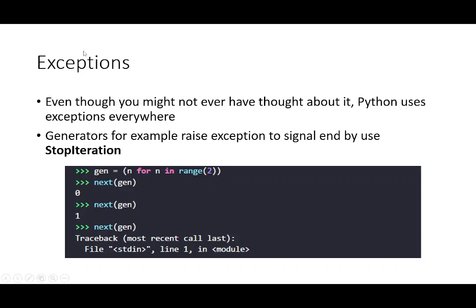So in Python, we have this concept of exceptions. Even though you might never have thought of it, Python uses exceptions everywhere. In generators, for example, it raises an exception to signal the end of a given list using StopIteration.